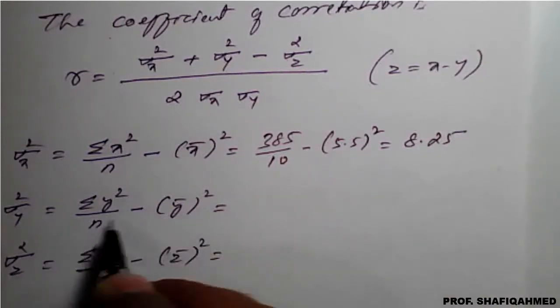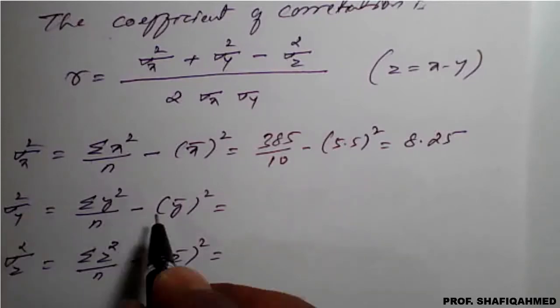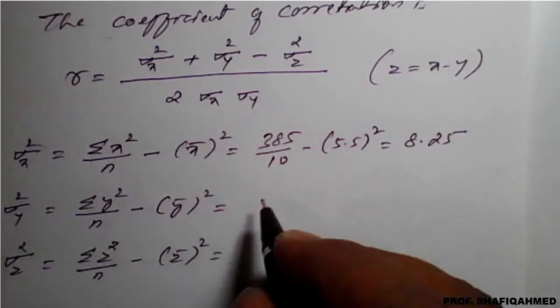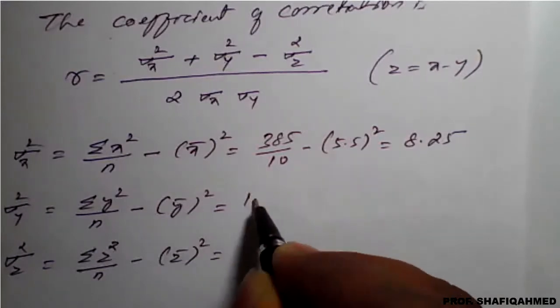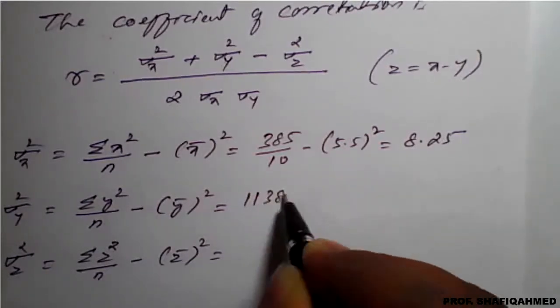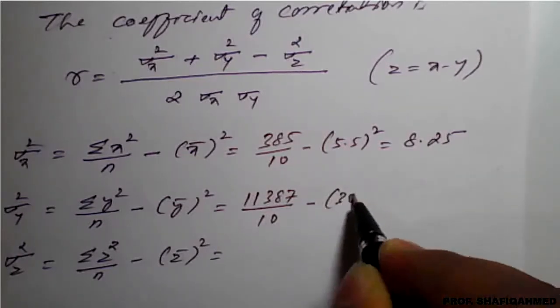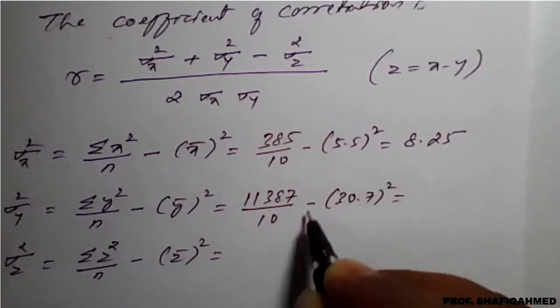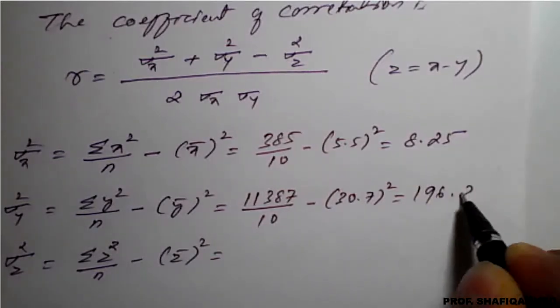Similarly, standard deviation of y square, or variance, so summation of y square is 11387 divided by 10 minus 30.7 square, and if you calculate this value, you will get 196.21.